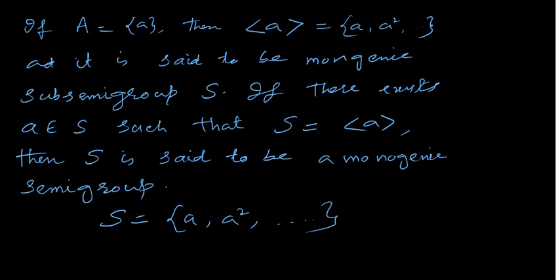If A power i is not equal to A power j for all i not equal to j, or if A power i equal to A power j implies i equals j, then we say that there is no repetition, and in this case S is an infinite monogenic semigroup. So we have a theorem. हम theorem की फॉर्म में सारा करेंगे. So we will explain it in the form of theorem.